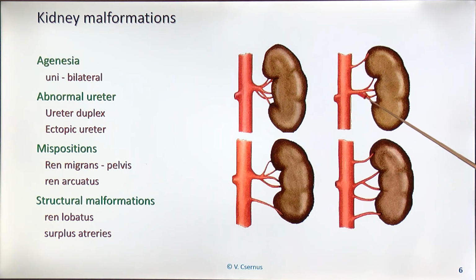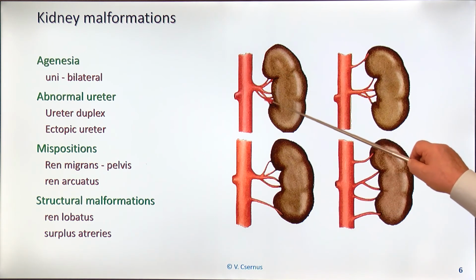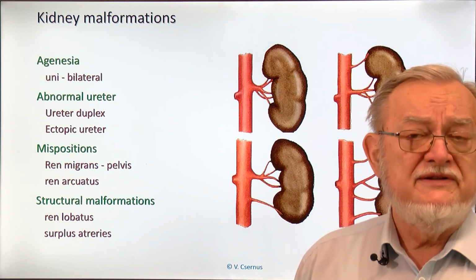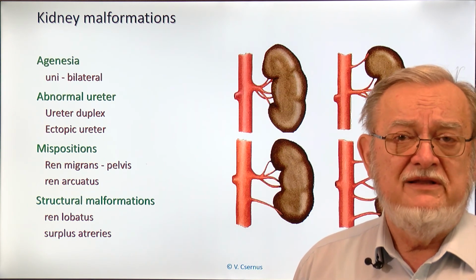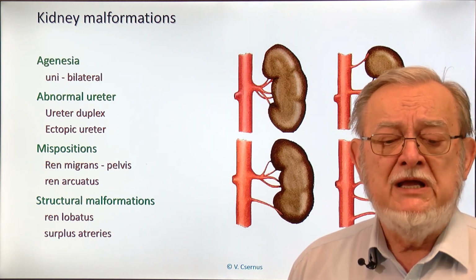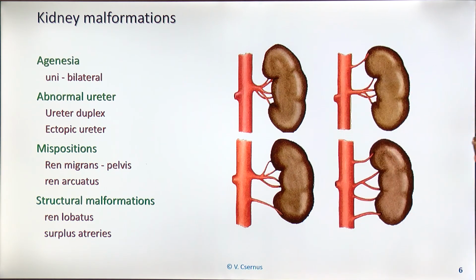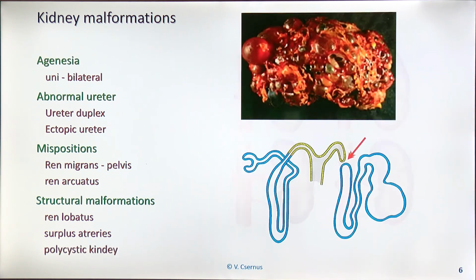Usually we have only one artery, but we can have many, or one or two arteries of different types. So we have many different variations of the arteries. Also no functional significance. If a patient has something like this, the kidney is fully functioning, with no probability of any kind of kidney disease.